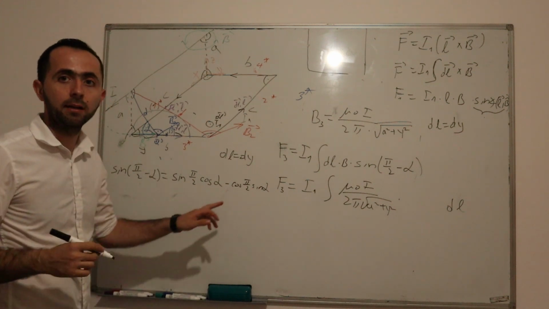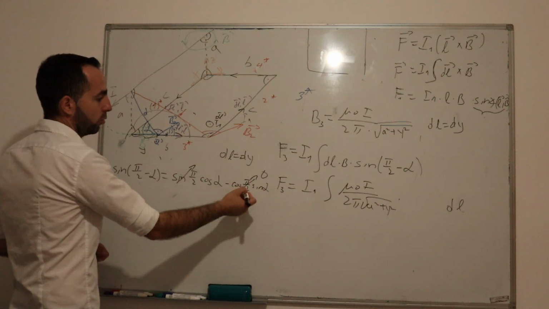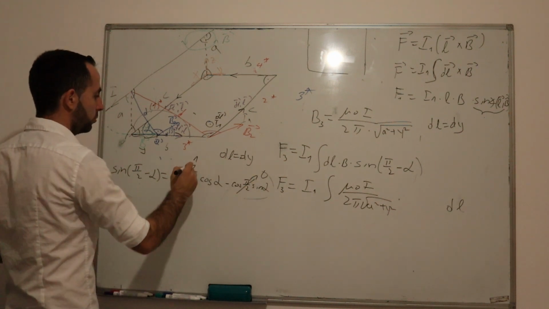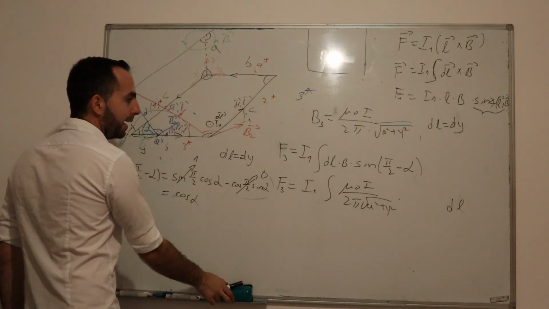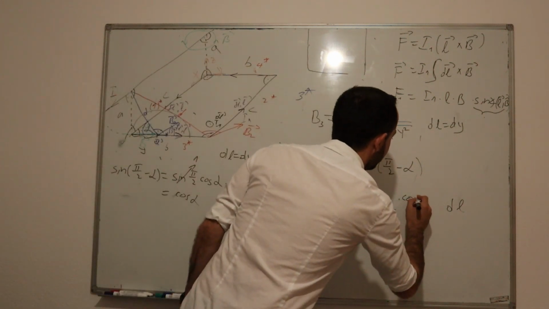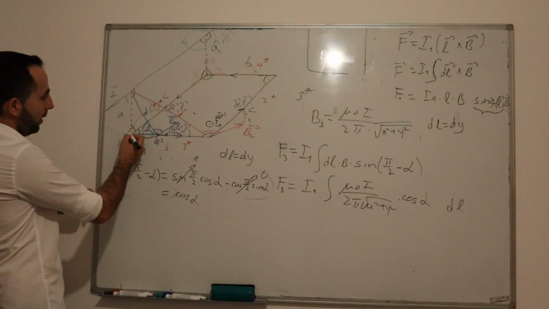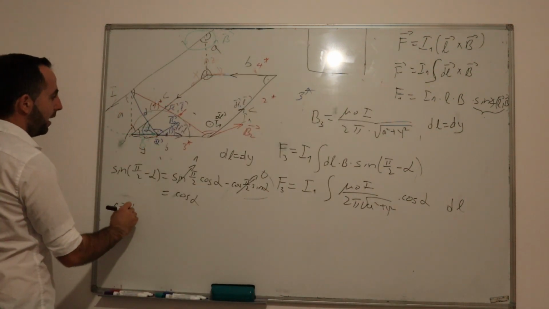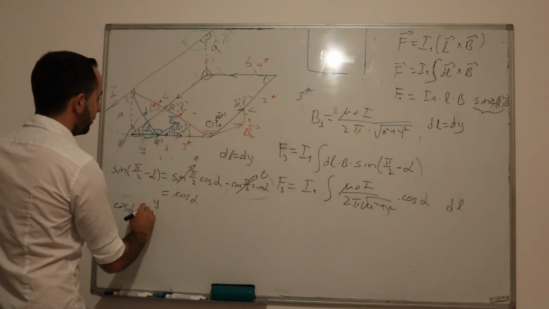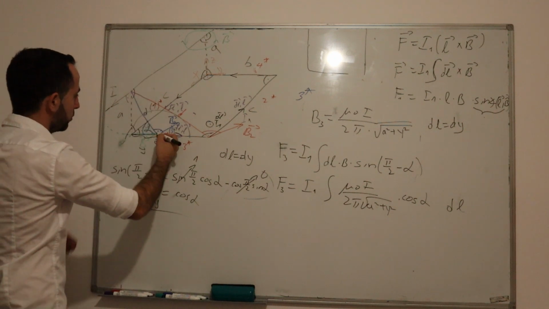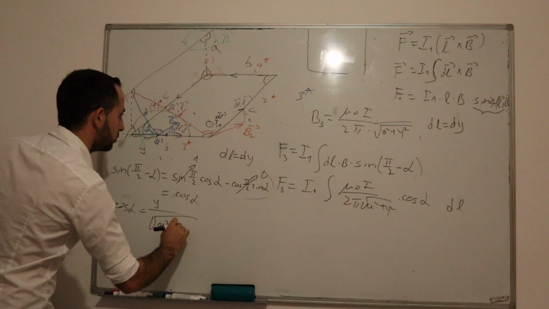We know that cosine of 90 degrees is 0, and sine of pi and a half is 1. So it means that this is actually cosine alpha. But what is my cosine alpha? From here, cosine alpha is the adjacent side, which is y, divided by the distance, the hypotenuse, which is the square root of a squared plus y squared.